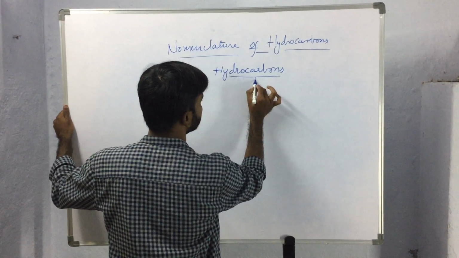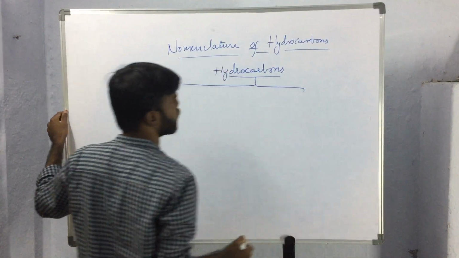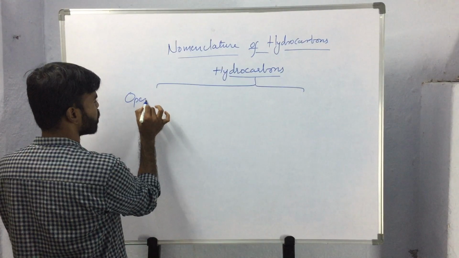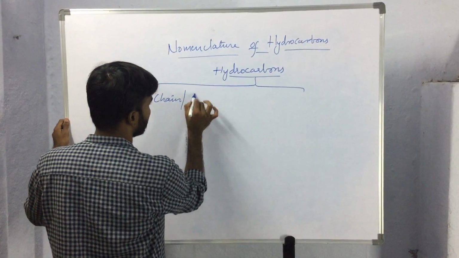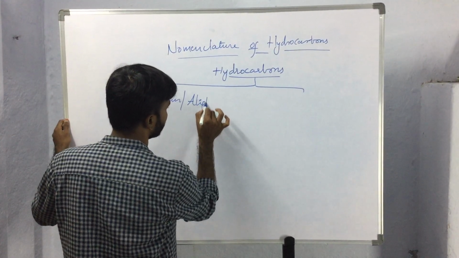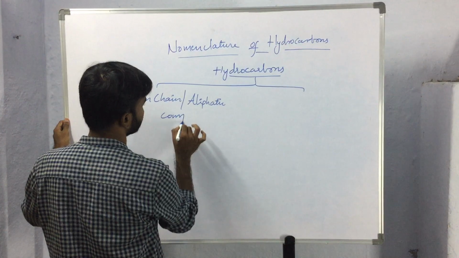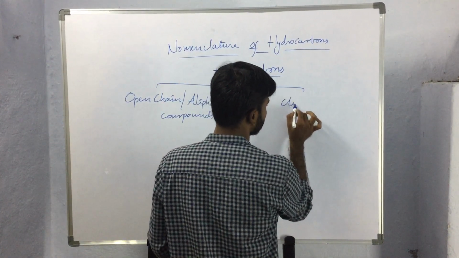So these hydrocarbons initially have been classified into open chain compounds, or we can say aliphatic compounds, and closed ring compounds.